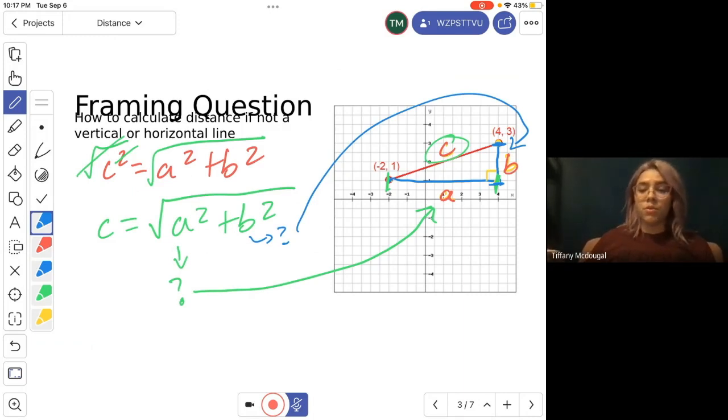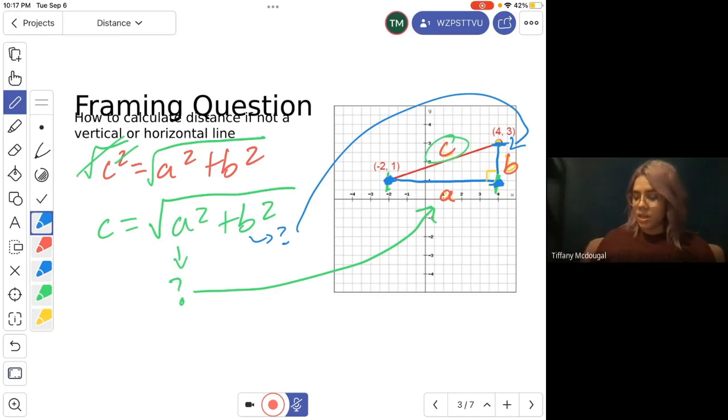Just how we did before, when we were counting with our vertical and horizontal lines, we just count the boxes from point A to point B, or this corner to this corner, and I could figure out the difference between my x's. And just over here, I could do the same thing. I could count up and down and get the distance between my y's. So you kind of already know where distance formula comes from.